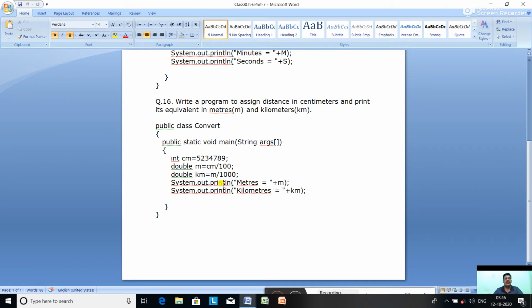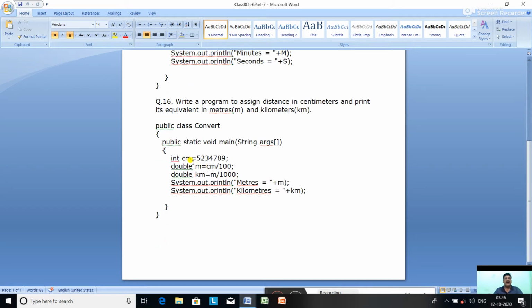And to get the kilometers, divide the total number of meters by 1000, because 1 kilometer equals 1000 meters. Now System.out.println meters equal to m and System.out.println kilometers equal to km. And the program is over.